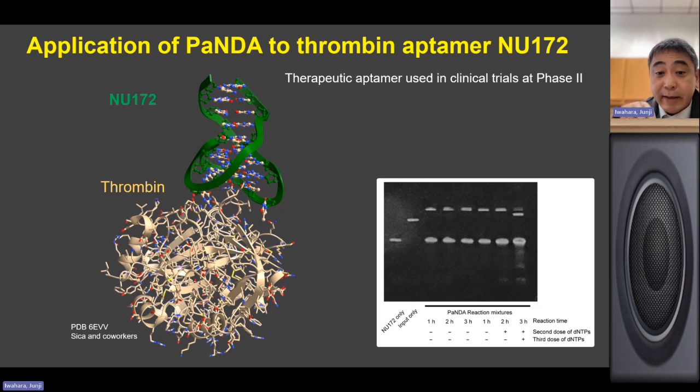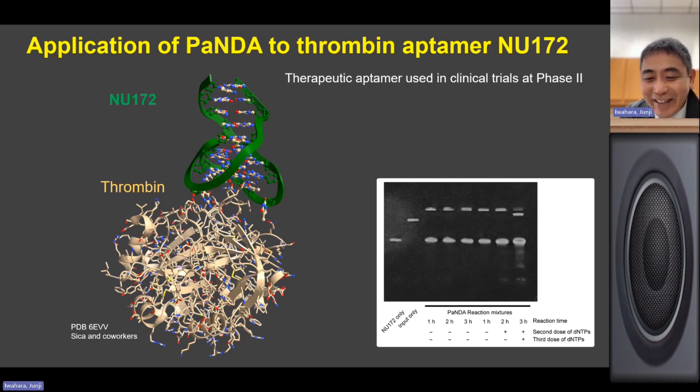Because after 90 minutes, it almost completely consumes all the dNTPs. And in fact, if you add more dNTPs after such complete consumption, you get more products like this. And in this way, you can save materials, I mean, of the enzymes.